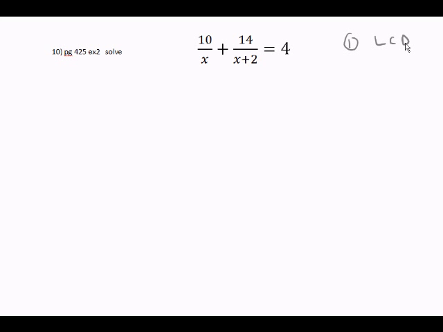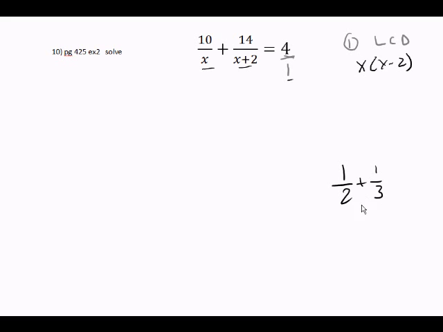To solve this, step number 1: find your lowest common denominator. What's the common denominator here? No, I have an x. I have an x plus 2, and I have a 1. It would be x and x plus 2.